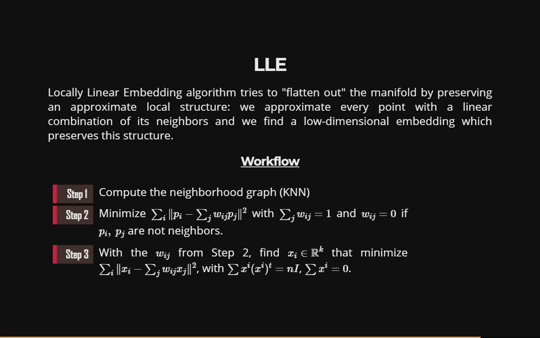Now, you take these weights and you try to find lower dimensional points which minimize the same function. So you try to find lower dimensional points which have the same relation, each with its neighbors. And you want them such that their mean is 0 and they respect this relation. Now this comes out automatically from the optimization procedure, but anyway.